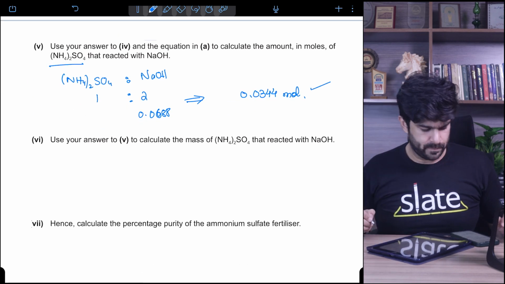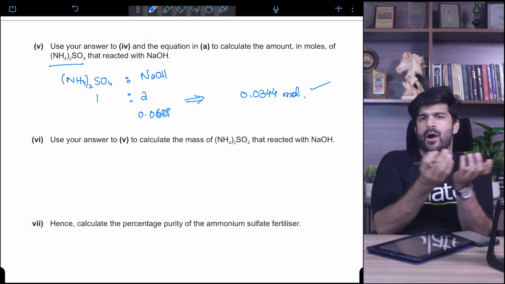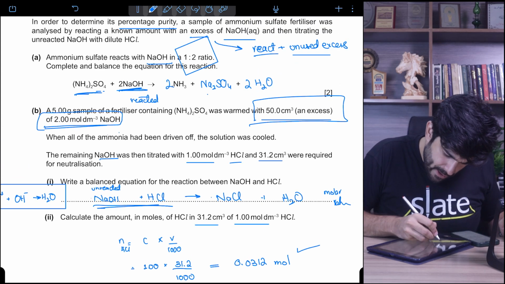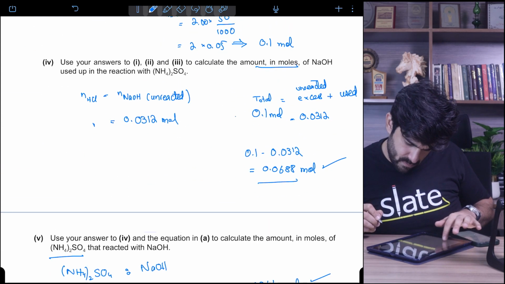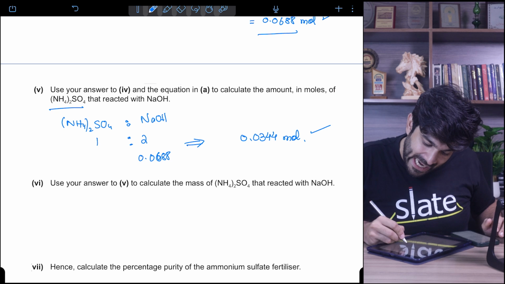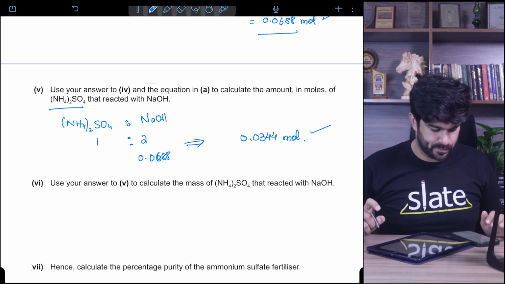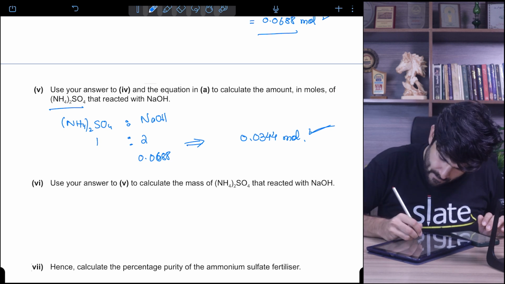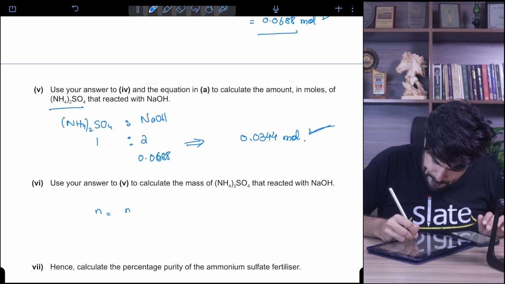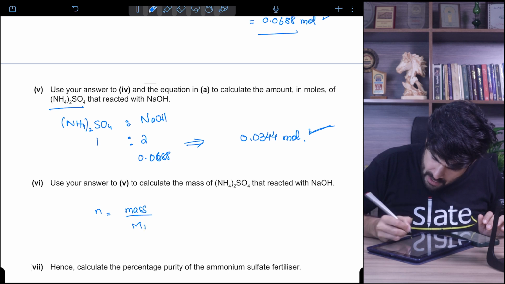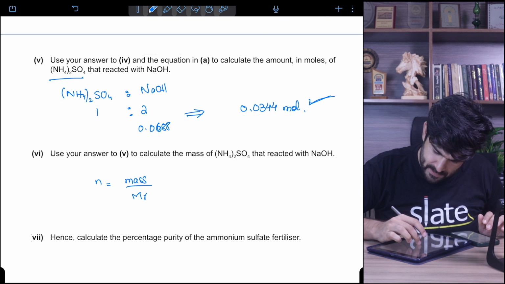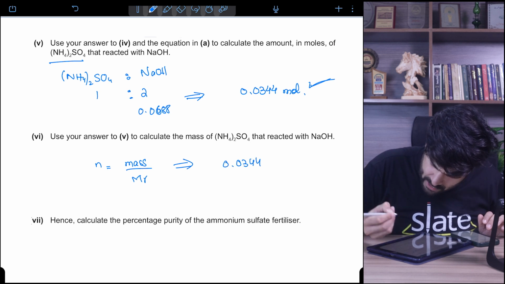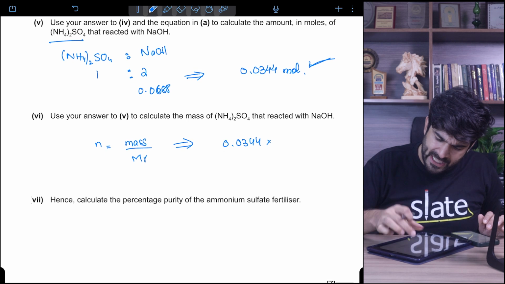Use your answer in 5 to calculate the mass of ammonium sulfate that reacted with NaOH. We have the moles. Now mass जब भी calculate करना, how do we do that? Mass is given, but calculate the mass that reacted with NaOH. So these are the moles. N equals mass over MR. We need to find the amount of ammonium sulfate. Moles हमारे पास है 0.0344 into MR. MR calculate करते हैं, it's very quick.